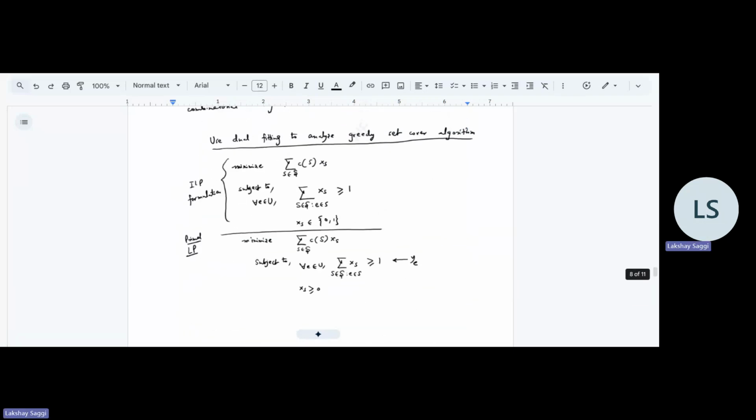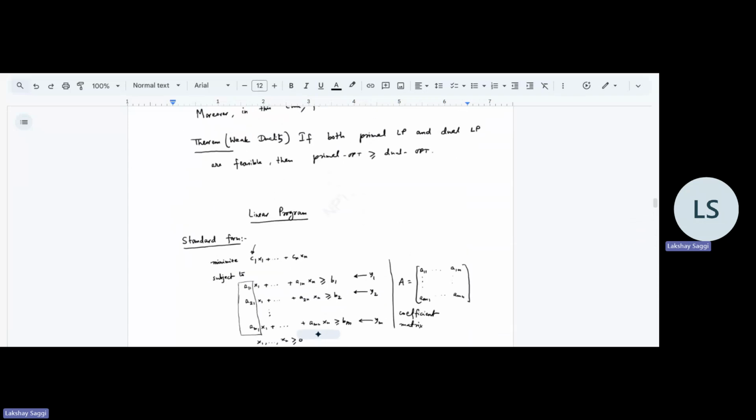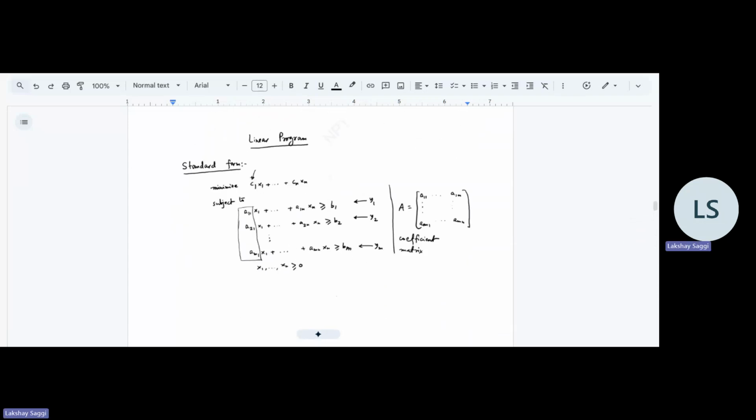Let's just revise how we formulated a dual LP from a primal LP. If the primal LP had n variables and m constraints, then in the dual LP the constraints correspond to variables.